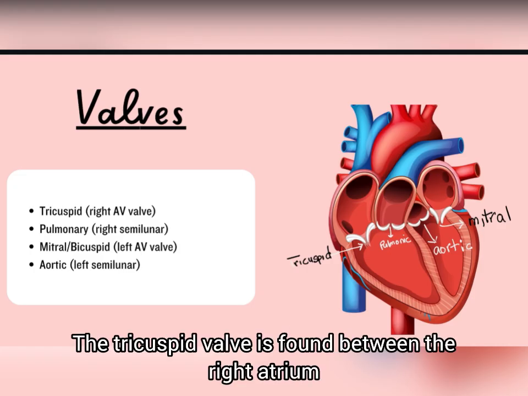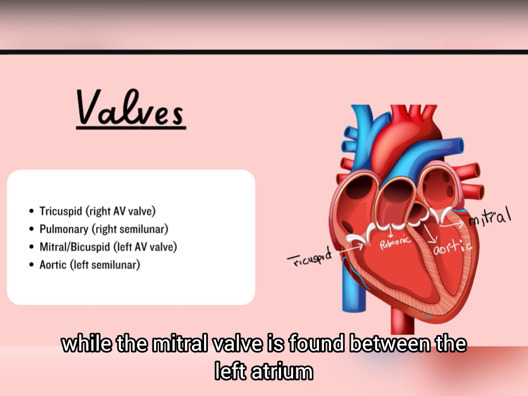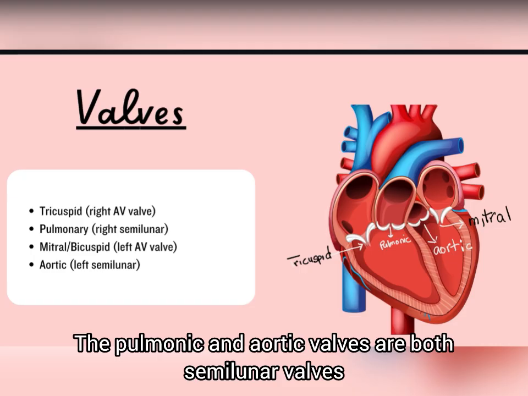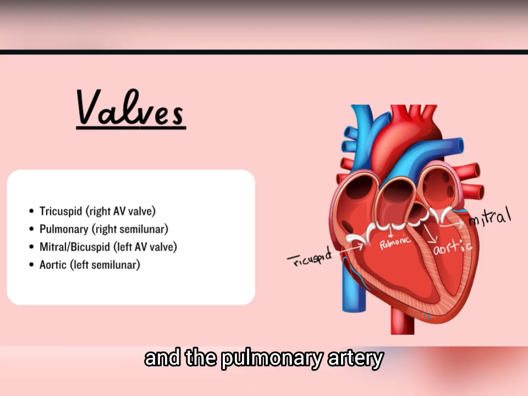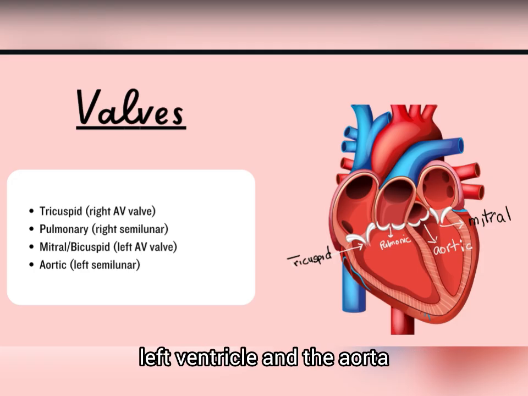The tricuspid valve is found between the right atrium and the right ventricle, while the mitral valve is found between the left atrium and the left ventricle. The pulmonic and aortic valves are both semilunar valves. The pulmonic valve is found between the right ventricle and the pulmonary artery, while the aortic valve is found between the left ventricle and the aorta.